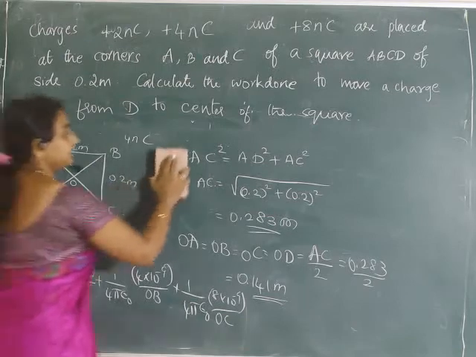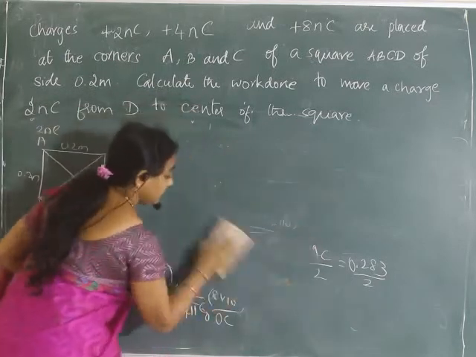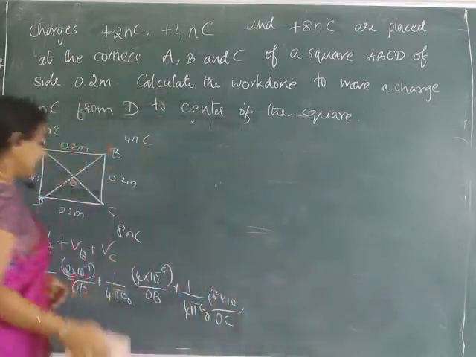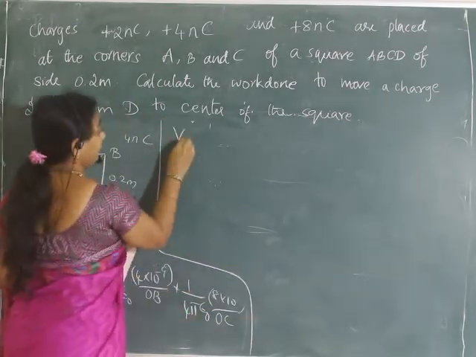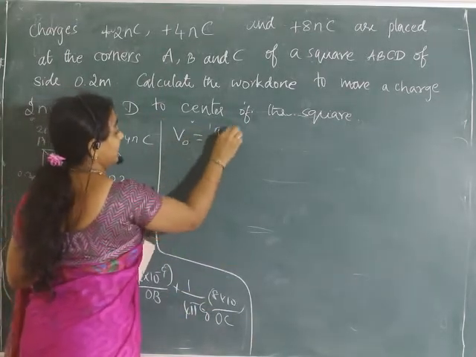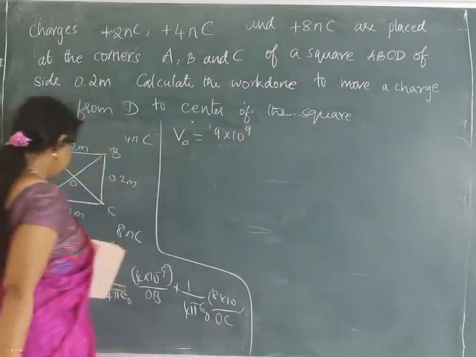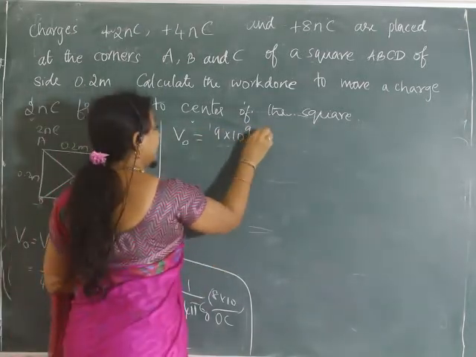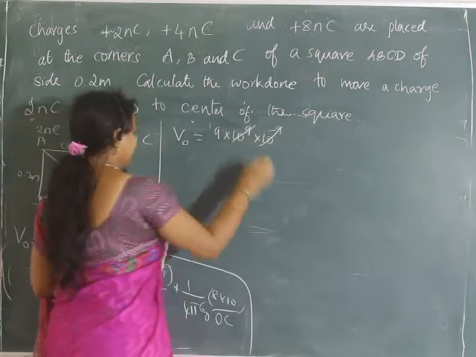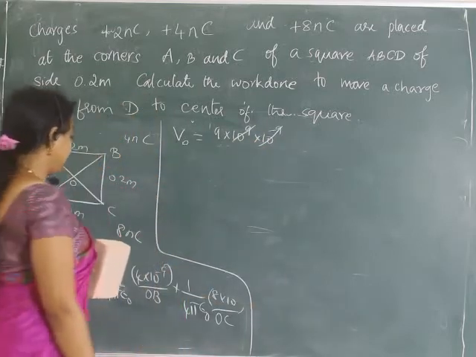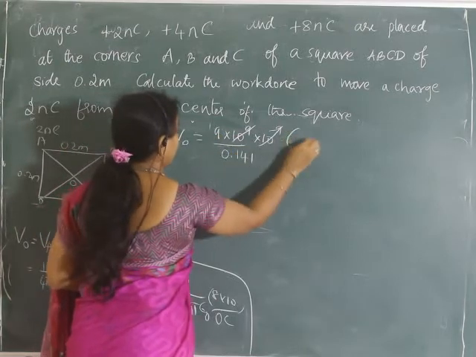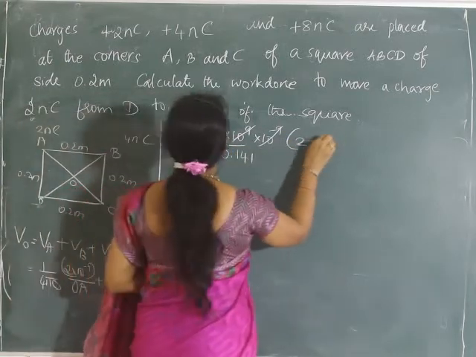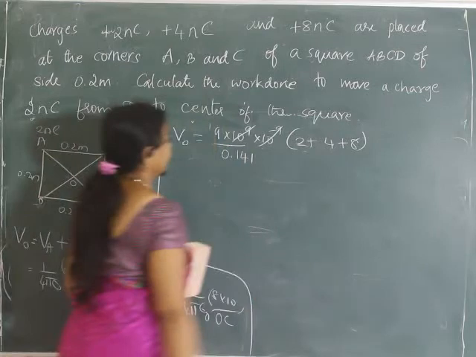Calculate. What is the answer you are getting? VO is equal to 9 into 10 to the power 9 into 10 to the power minus 9, that will get cancelled, divided by 0.141, into 2 plus 4 plus 8.